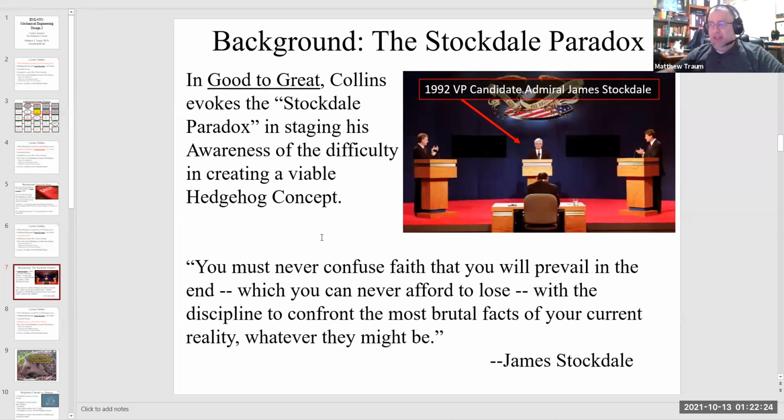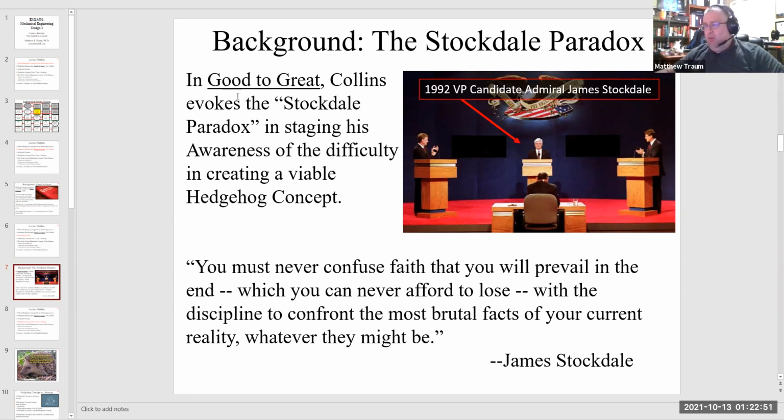Now, interestingly, Stockdale, before he was a vice presidential political candidate in the United States, he was in the military. So he held the title of admiral, and Admiral Stockdale was a prisoner of war for a period of time in the Korean War.